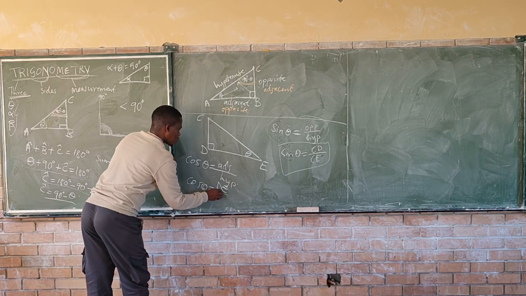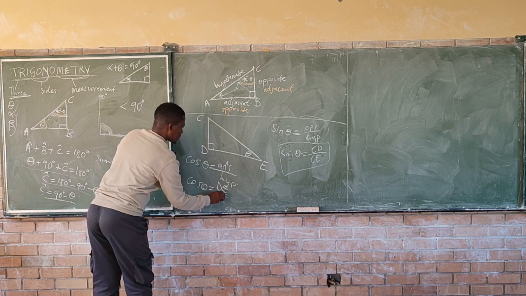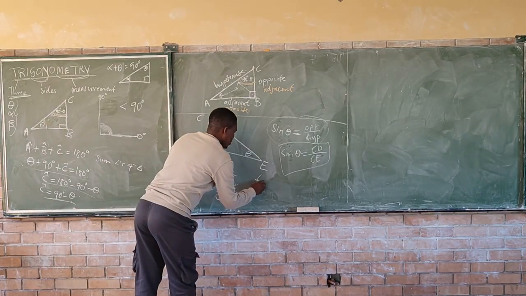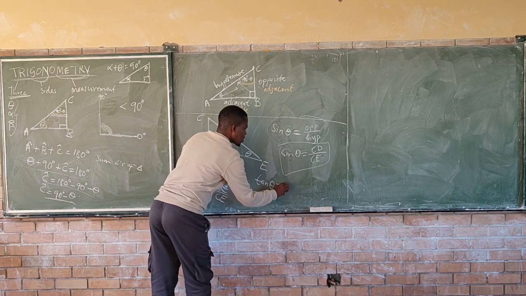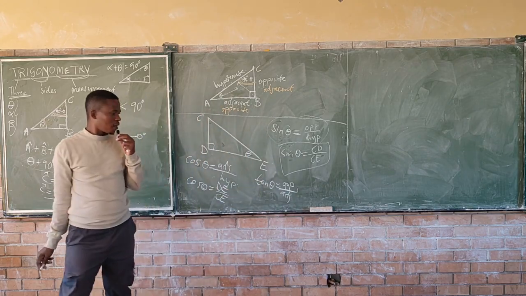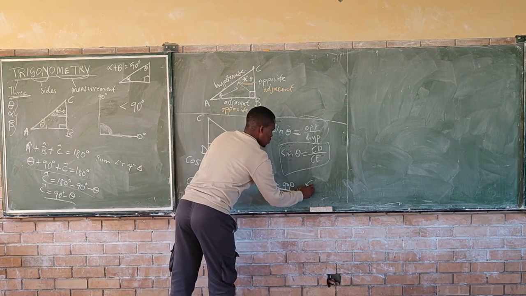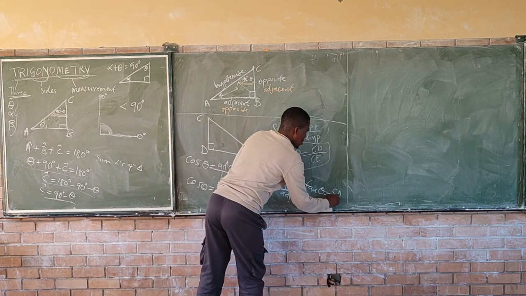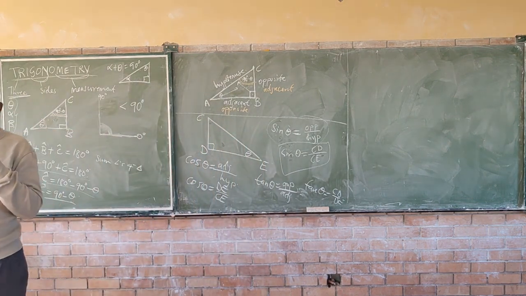DE over CE. Is that clear? Now let's go to the tan of an angle. It is defined as opposite over adjacent. So in this case, the tan of theta will be CD over DE. Is that correct?